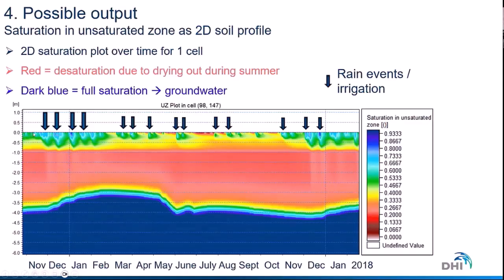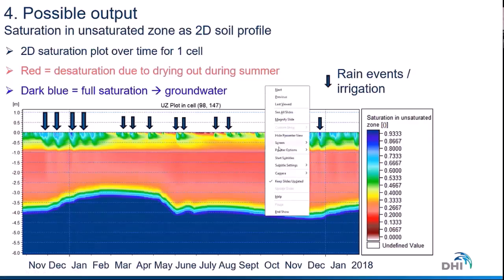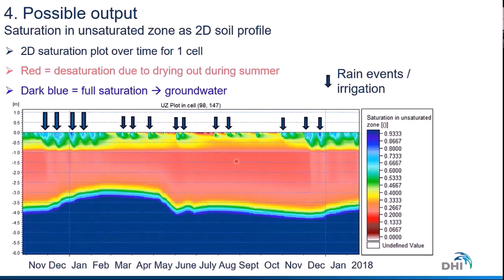Zero is topography, and here you have the depth below topography. The more red it is, the more desaturated, the more dry. If it becomes dark blue, then that's the current groundwater head within the groundwater module.